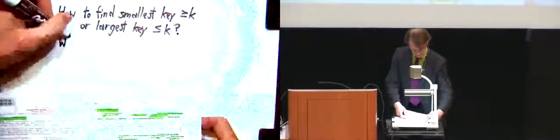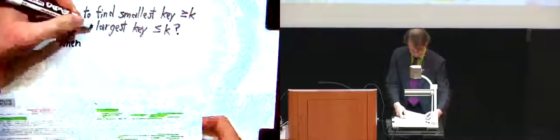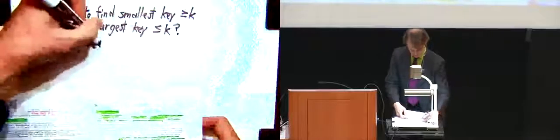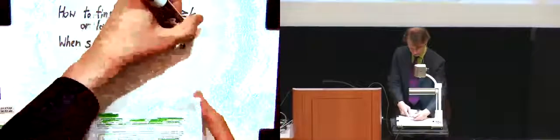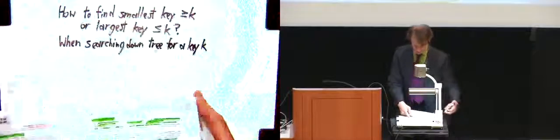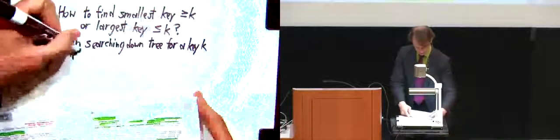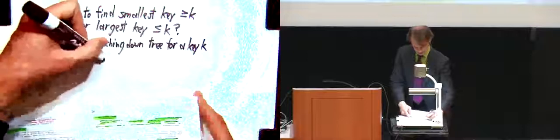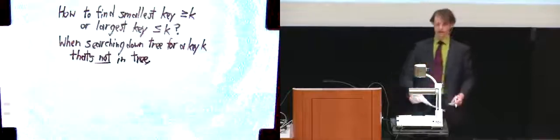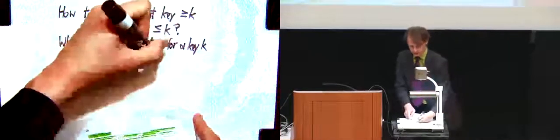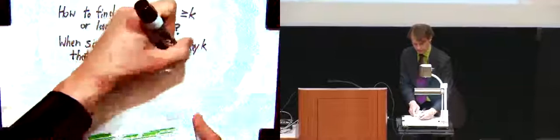And we notice something about a binary search tree, which is that when you're searching downward through a tree, and you're looking for a key, call it k, that's not in the tree, then there are several other things we will encounter on the way down.